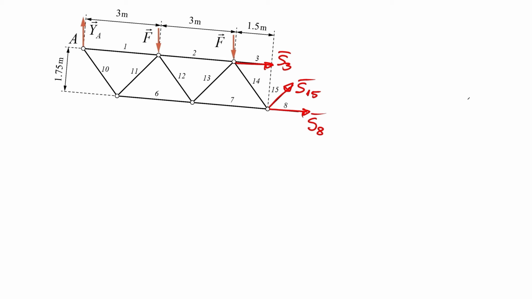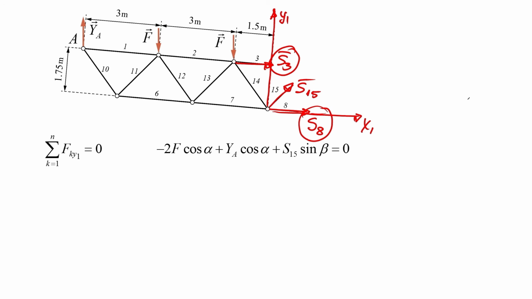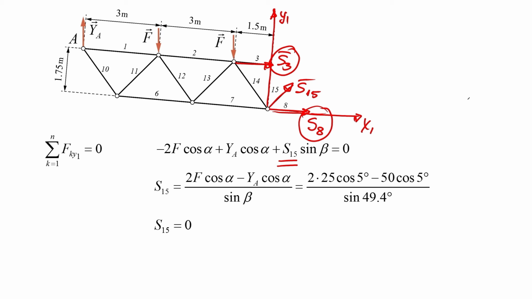Because the lines of action of the forces S3 and S8 are parallel, to find the force S15, let us choose the system of reference where one of the axes is perpendicular to the line of action of the forces S3 and S8. To determine the force S15, we compose an equation of the force projections onto the axis Y1. Thus, we have obtained one equation with one unknown. Solving the equation, we find the force in the bar 15, whose magnitude is equal to 0.